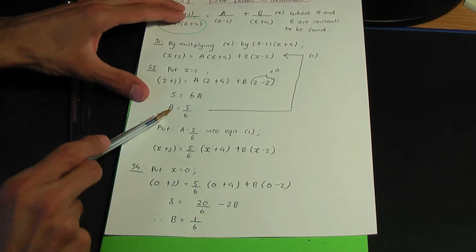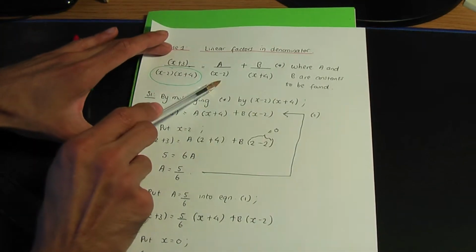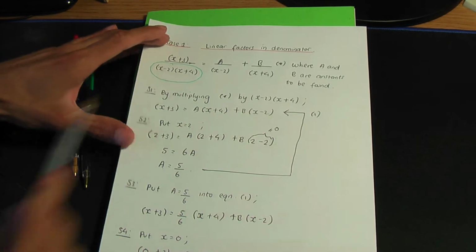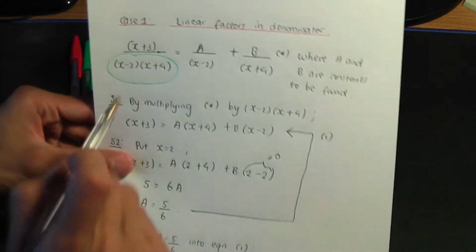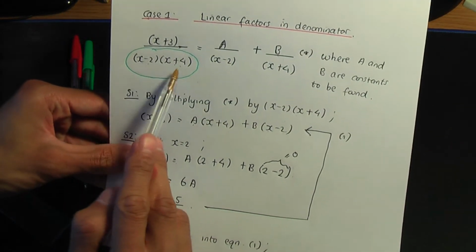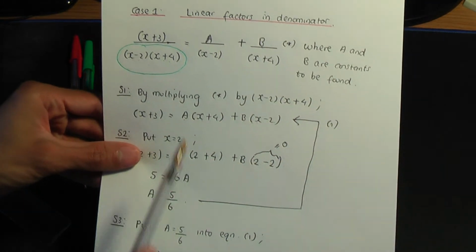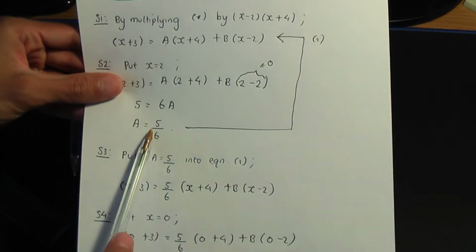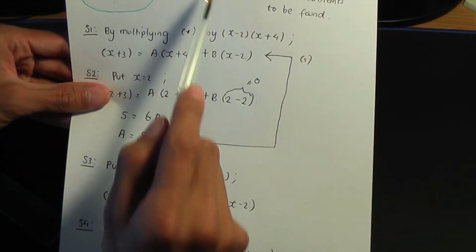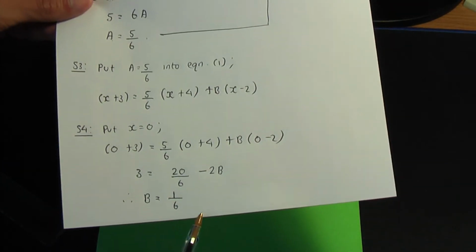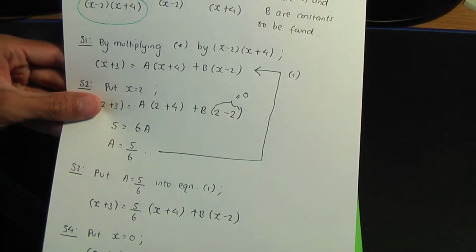So let me replace the a and the b back into equation star. So on the reverse, therefore, x plus 3 over x minus 2 into x plus 4 is equal to a, which is 5 over 6, into 1 over x minus 2, plus b, which is 1 over 6, into 1 over x plus 4. Okay, so let's continue in reverse.